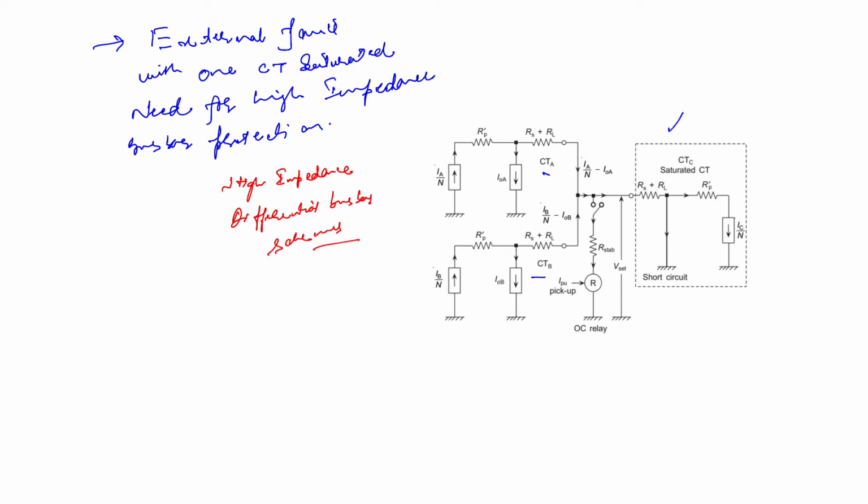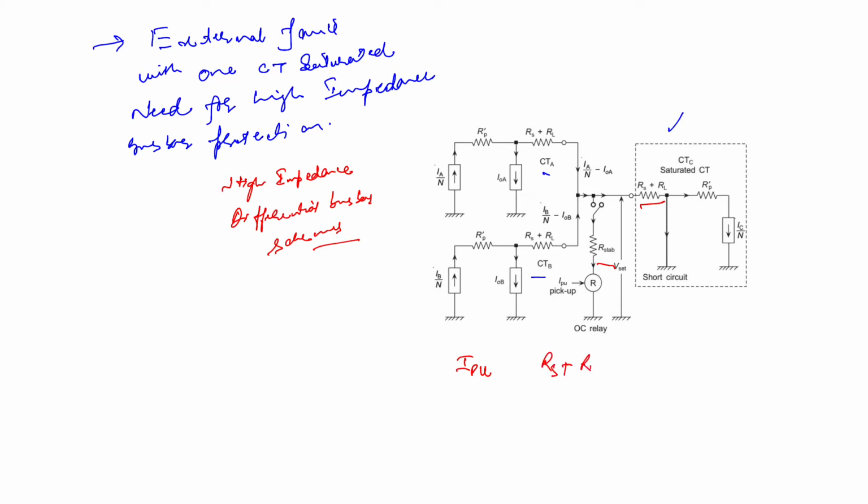So what is the main idea? The main idea is to prevent tripping during the external fault and the full saturation of one CT. Now, to find the value of this stabilizing resistance R stabilizing, let the pickup value of the overcurrent relay be IPU, and the resistance associated with the saturated CT be RS plus RL.